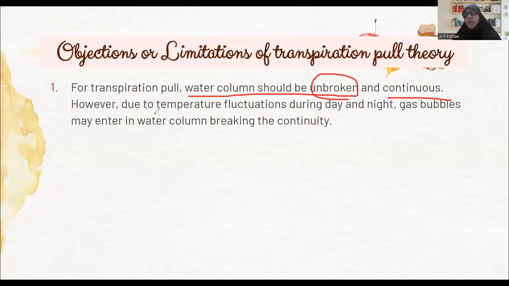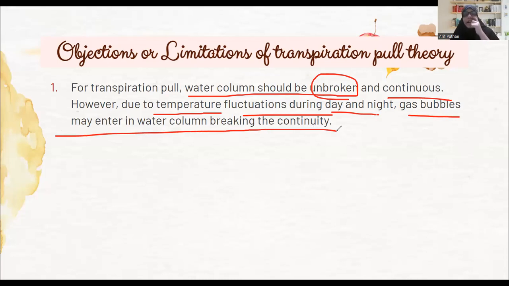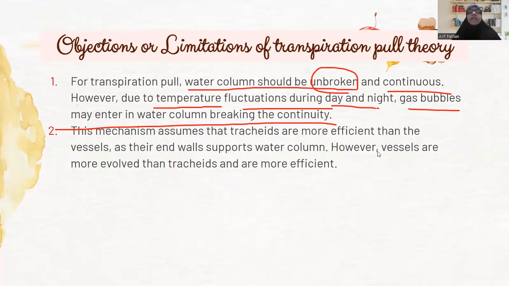However, this is not possible all the time because of temperature fluctuation. Sometimes it is hotter on some days, sometimes it is less. And even if we consider only day and night, the temperature fluctuates. Gas bubbles may enter the water column, breaking the continuity. So this is one of the limitations or objections that challenges the transpiration pull theory.